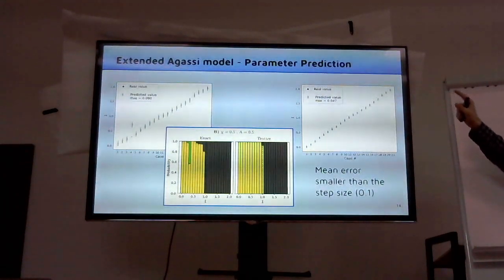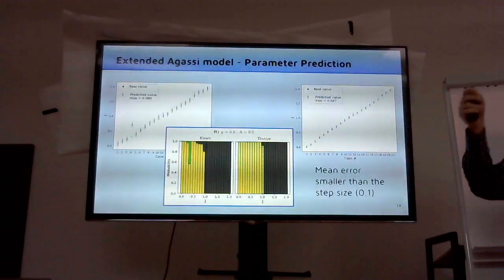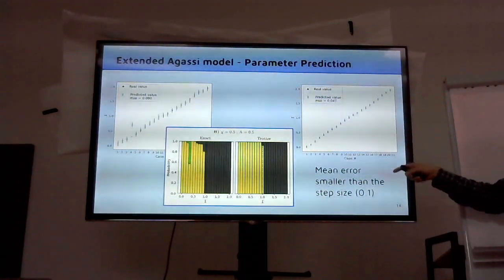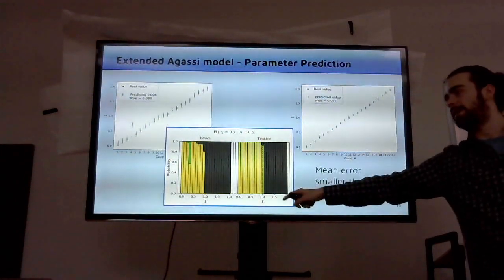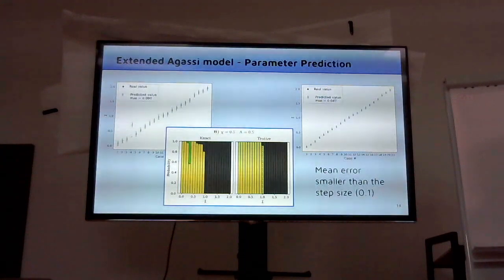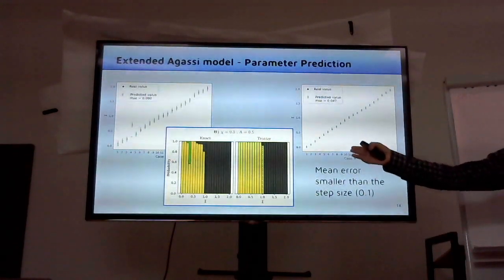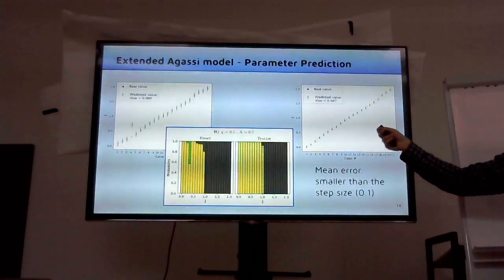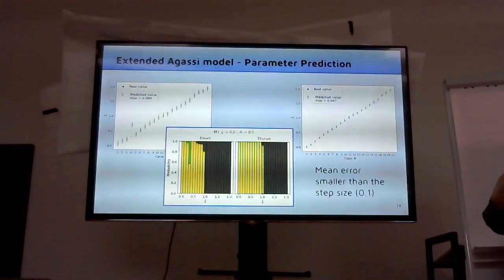In this case, you only need to look at the y-axis. The x-axis is just the different points, the different cases. We are taking steps, changing the parameter by 0.1 at each point, and the mean square error of the predictions is less than that step, so it predicts the parameter pretty correctly.